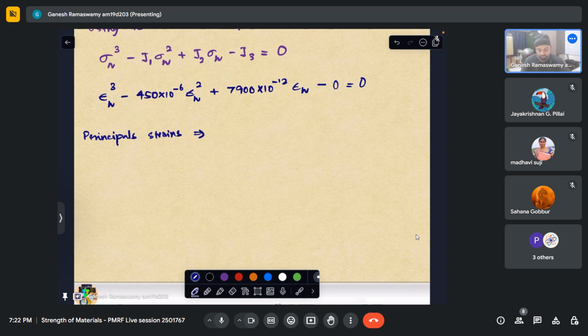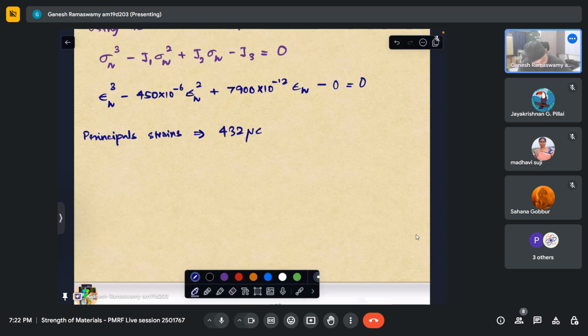Minus 450 into 10 power minus 6, 7900 into 10 power minus 12, and this is 0. So we get this as 431.7, nearly 432 microstrain. This is one value.